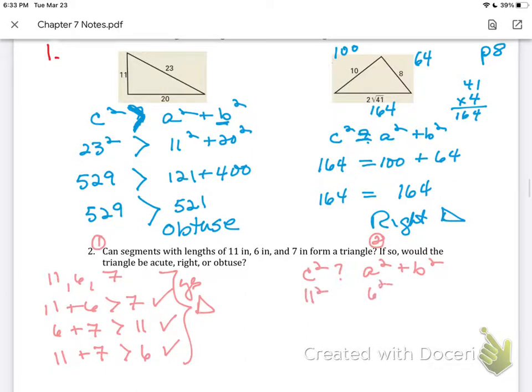Then I have 6 squared plus 7 squared. 11 squared is 121. 6 squared is 36 plus 49. 36 plus 49 is going to be 85. How does 85 compare to 121? 121 is greater than 85. Fill all these in as greater. And when you get up to the original equation, which direction are you pointing? We're pointing towards the B. And this triangle is obtuse.